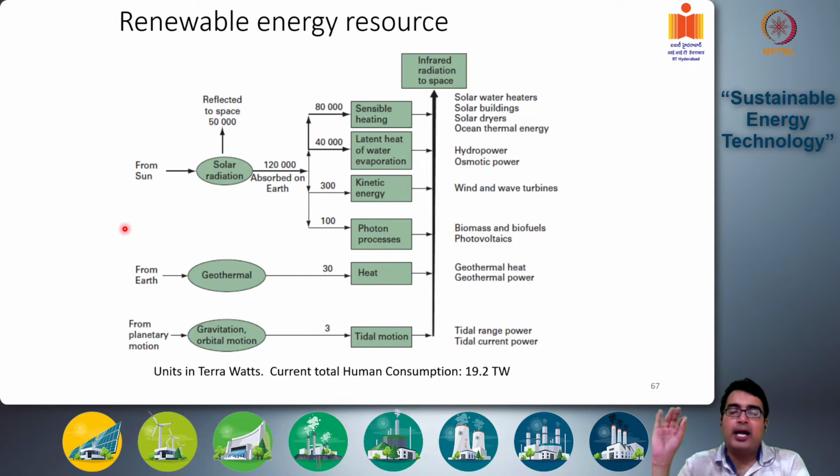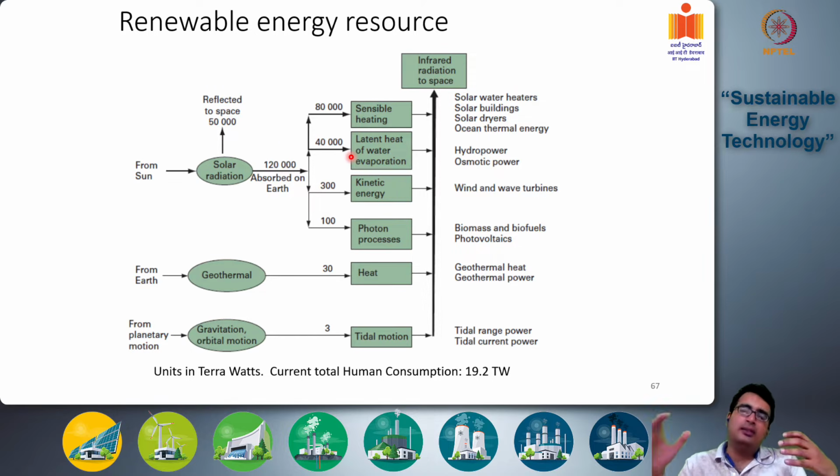And when I mean sun, I do not only mean solar energy, because understand, out of this 120,000 terawatts of energy that is coming, 80,000 is coming as sensible heating. It is heating up the surface, the atmosphere, the oceans, etc. 40,000 terawatts is going to evaporation of water.